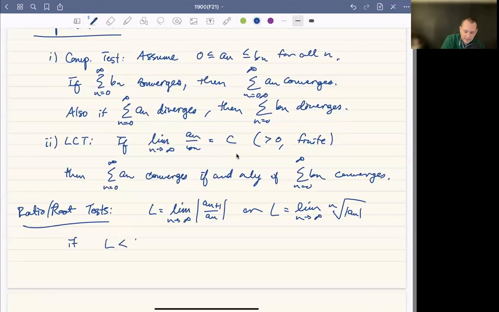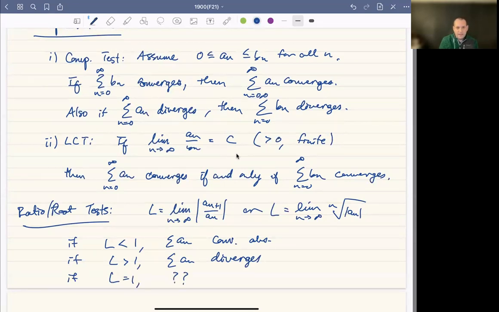If L is less than 1, then the series converges absolutely. If L is bigger than 1, then the series diverges. And if L is equal to 1, then the test doesn't tell us anything. Okay, so that's the ratio and the root tests.